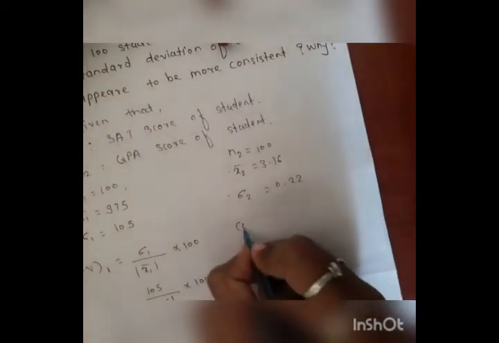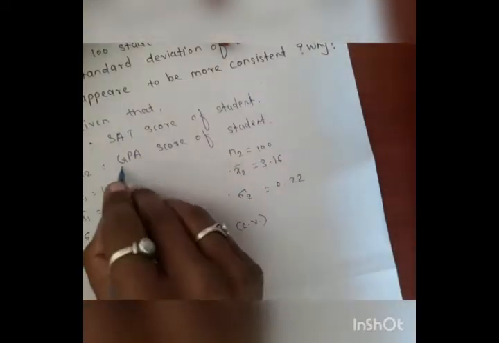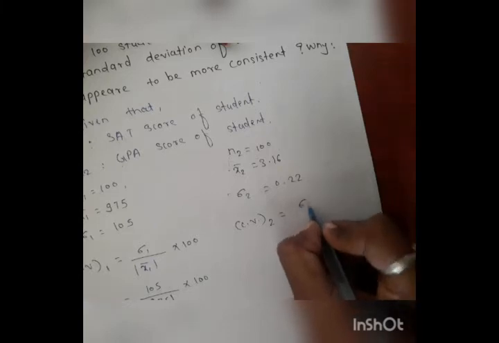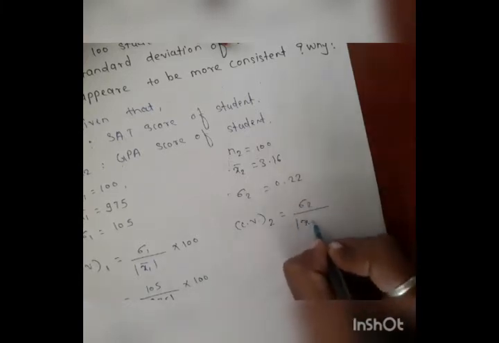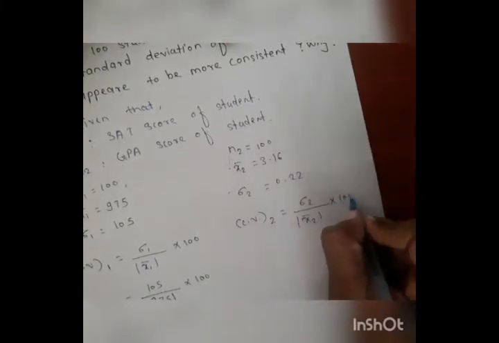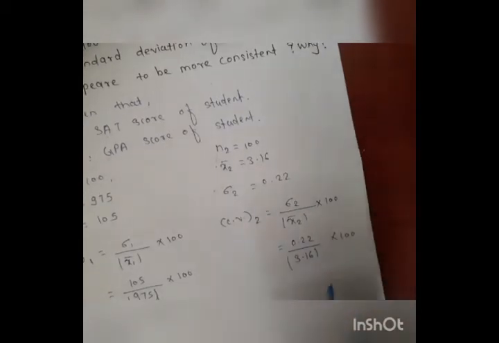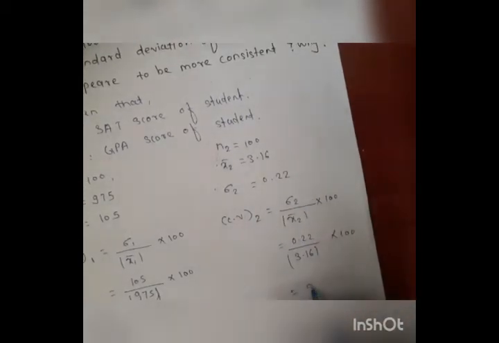For the GPA scores, CV2 is equal to sigma 2 upon mod x2 bar into 100, which is 0.22 upon mod 3.16 into 100, and after solving this we get 6.96%.